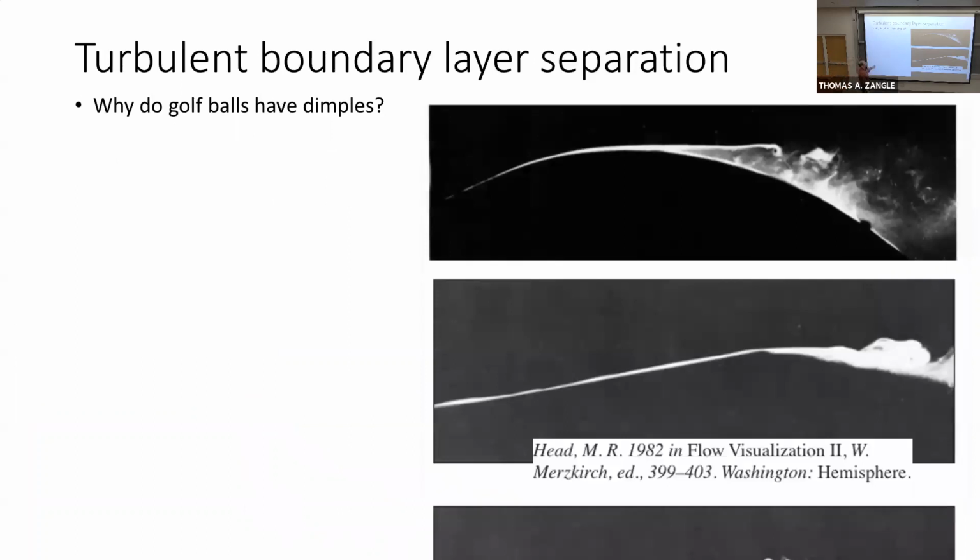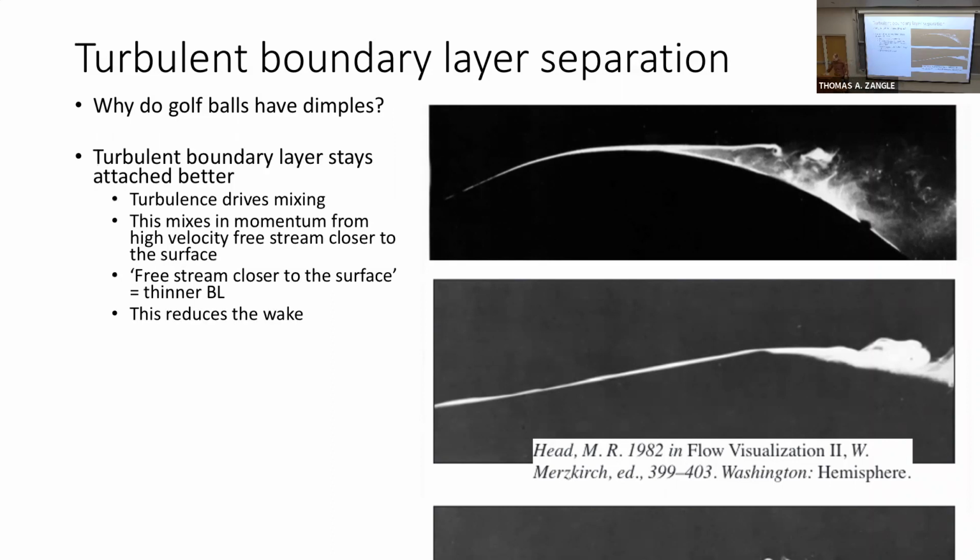So I want to talk about boundary layer separation, right? We're going to go into some semi-empirical theory to describe what the velocity profile in a turbulent boundary layer looks like. But before that, I just want to talk qualitatively about why golf balls have dimples. And we'll see some video demonstrations of this at the end of today's class.